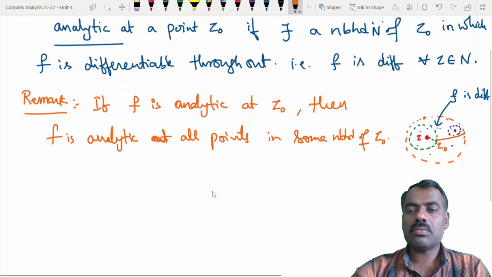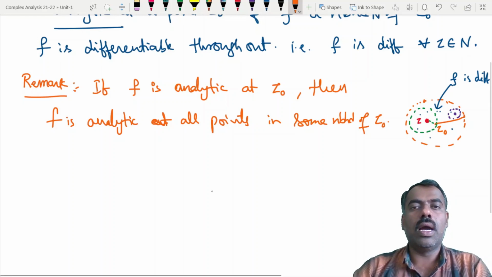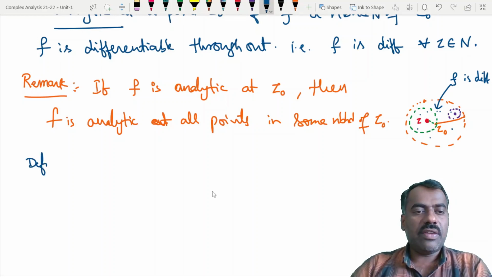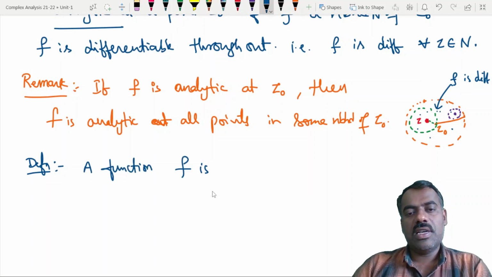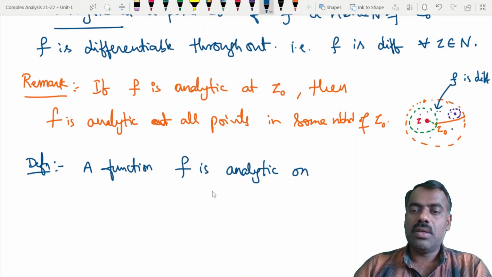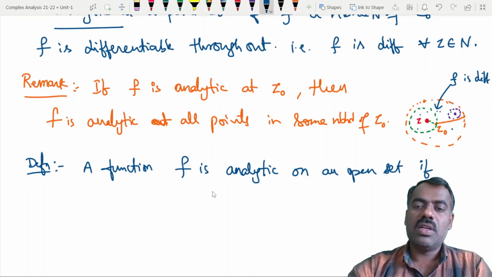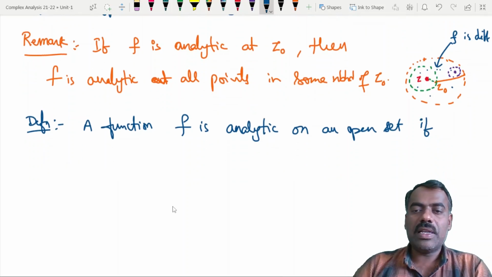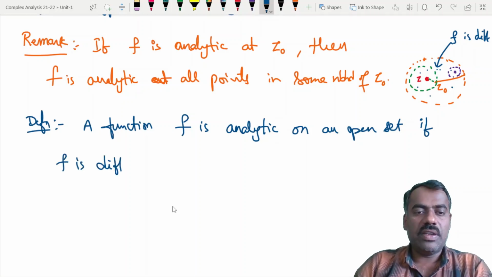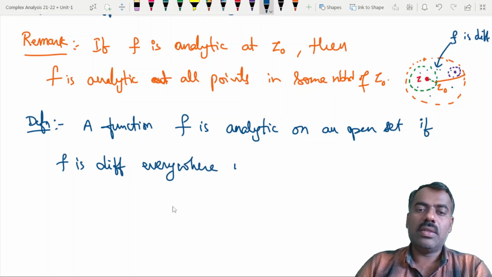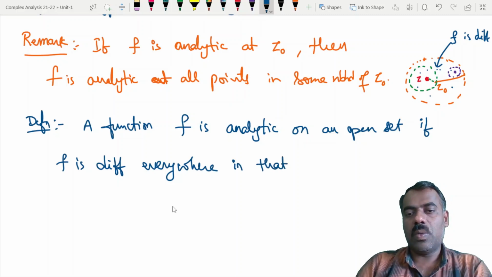Now we say that a function f is analytic on an open set if it is differentiable everywhere in that open set.